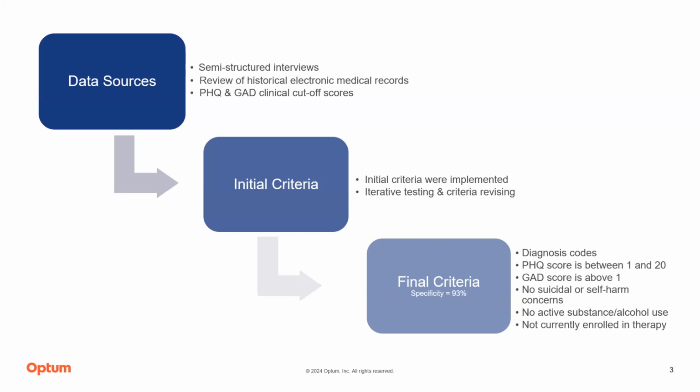Basically, we have a criteria set and we implement it into our electronic medical records. Then we collect data over the period of a week or so, and use that data to cross-check against patients who are actually using digital mental health intervention, and see where the criteria is missing.